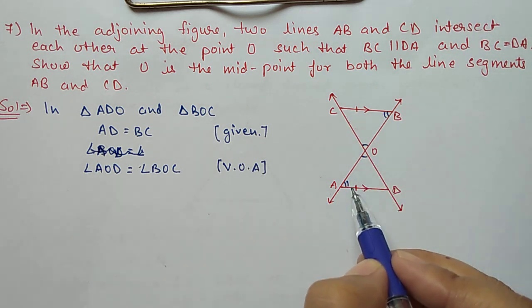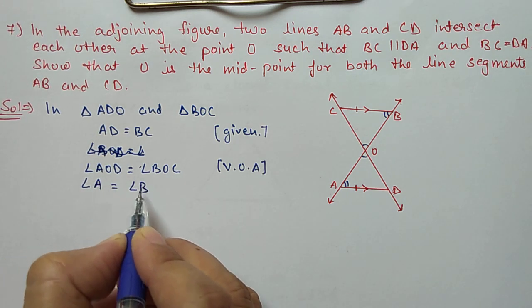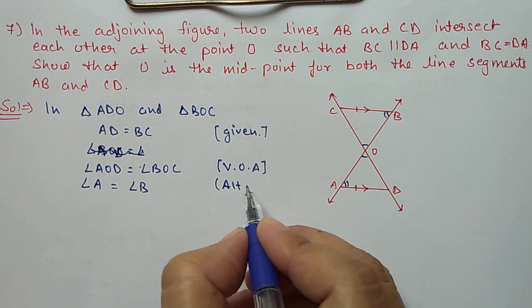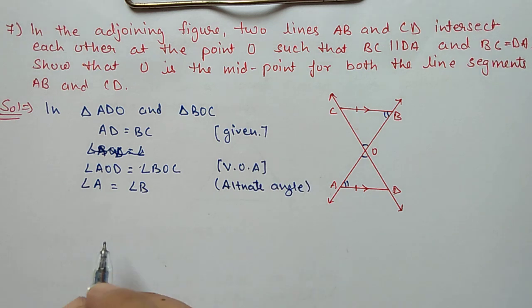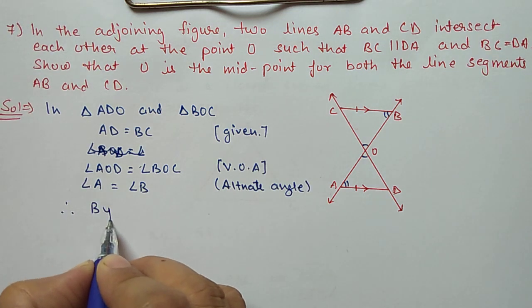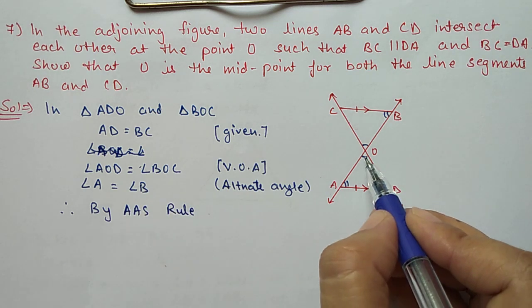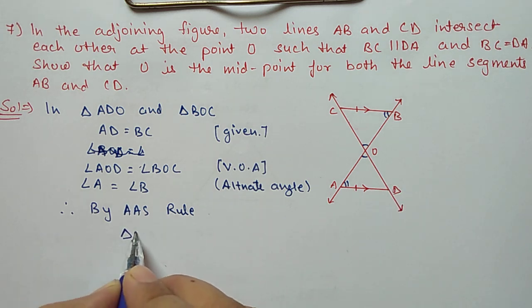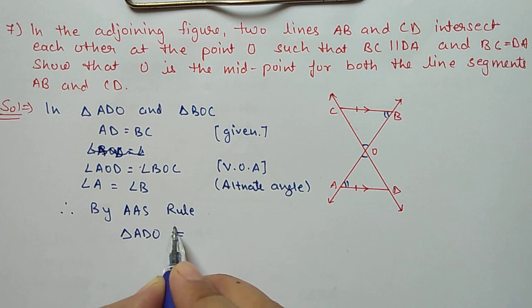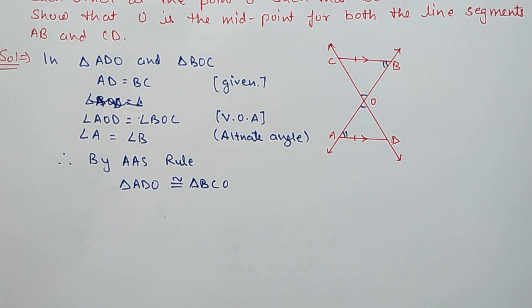So these two angles will be alternate angles. So we can write angle A is equal to angle B. The reason is alternate angles. So by the angle-side rule, because we have compared one angle, then one more angle, and a third side, triangle ADO is congruent to triangle BCO. These two triangles are congruent to each other.